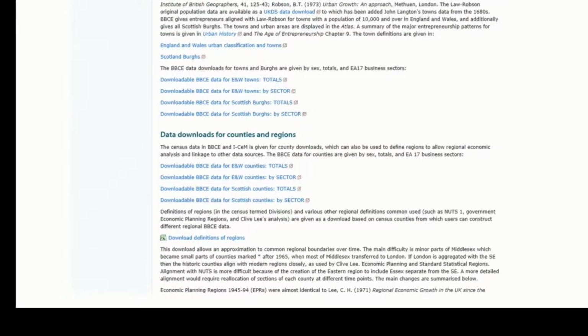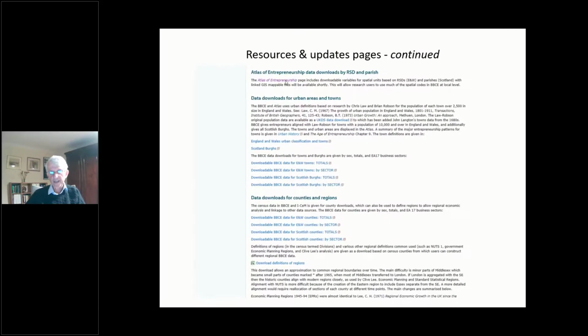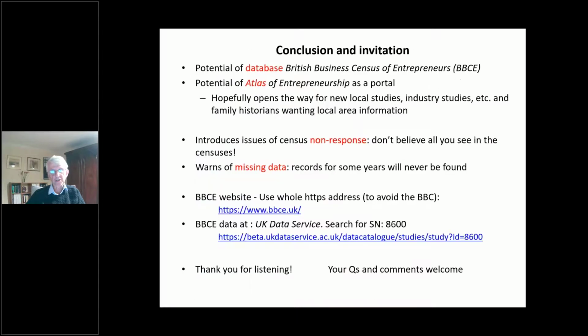And of course, you can get the RSDs because all of that atlas you are seeing, you can download the data for an individual RSD or for a particular map. You can download it as an Excel file or as a GIS, a geographical file that you can map using free GIS software. So there's a lot of resources here that people can use to follow up their research.